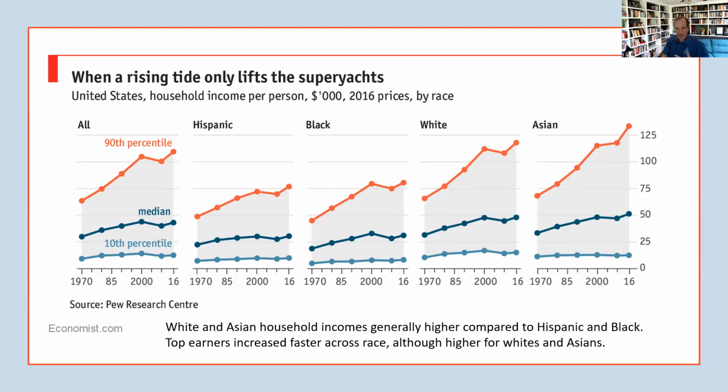So whites and Asians generally are doing better in terms of income, and top earners are increasing faster over time across all of the categories, although I think slightly faster and higher for whites and Asians.